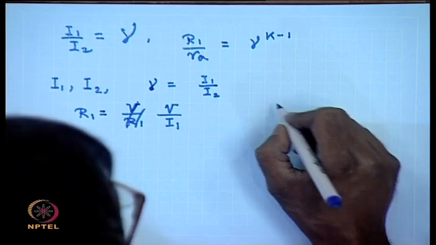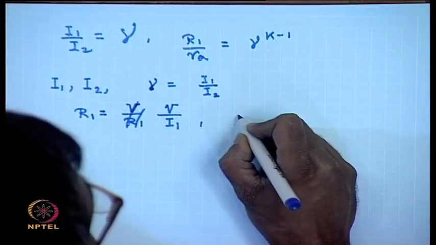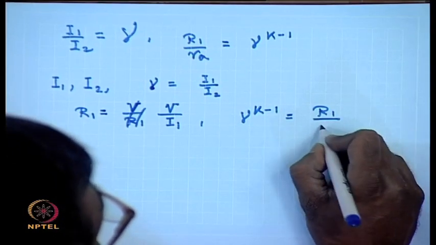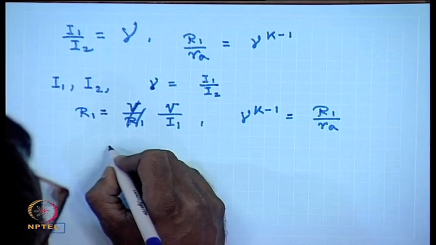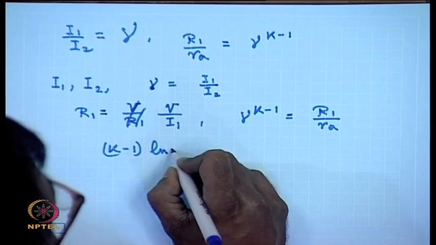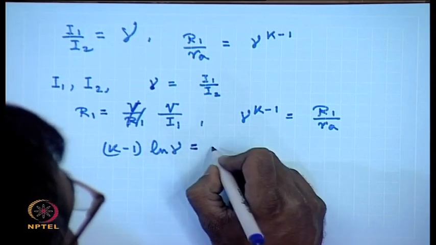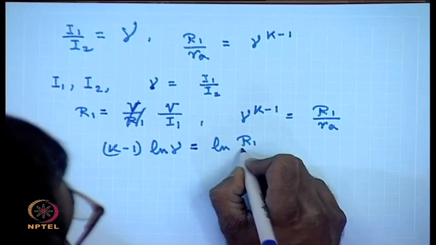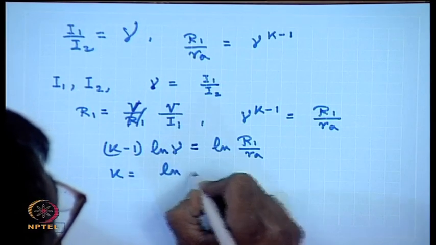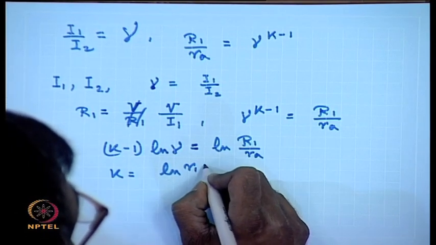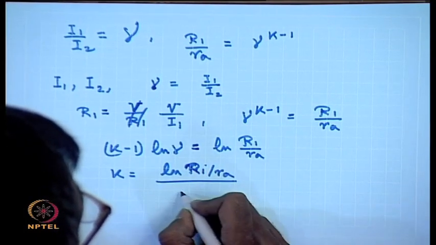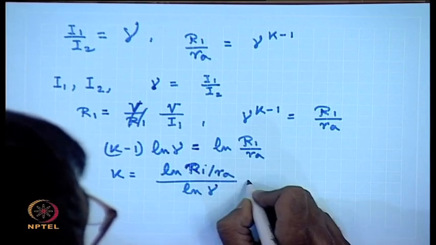Now, we know gamma to the power k minus 1 equal to R1 by Ra, or k minus 1 times ln gamma equal to ln R1 by Ra, or k equal to ln(R1 by Ra) divided by ln gamma, plus 1.